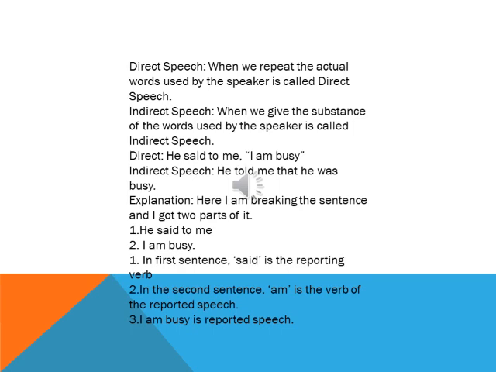When we change it, we have changed the pronoun as well as the verb, because the reporting verb said is in past tense. That is why we have changed the tense of the reported speech.